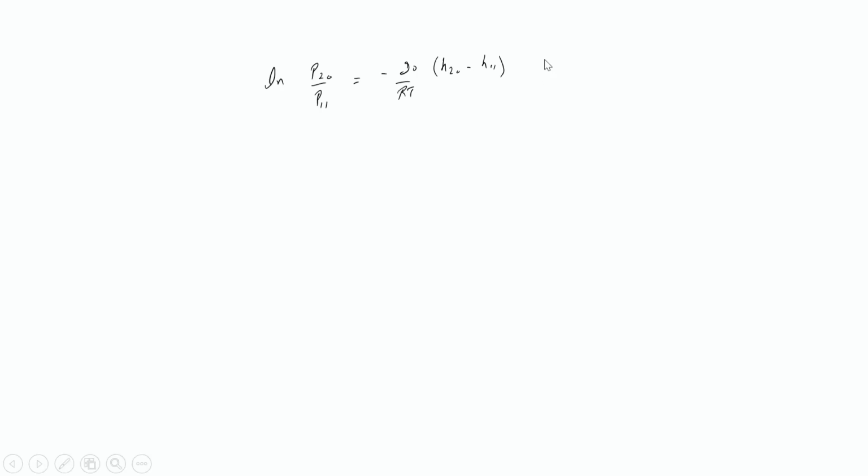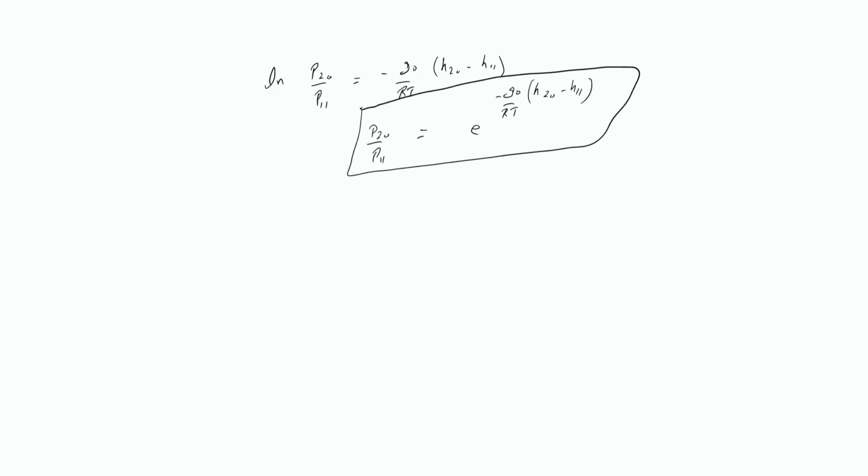Now this can be written as P20 upon P11 equals e power minus G naught by RT times H20 minus H11. So this is the expression for P20. P11 is a known quantity and these are also known.